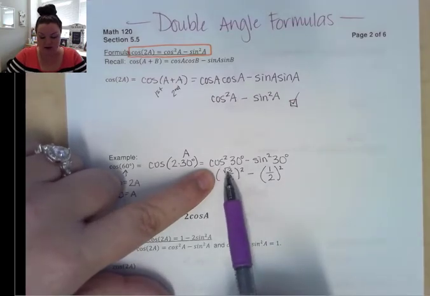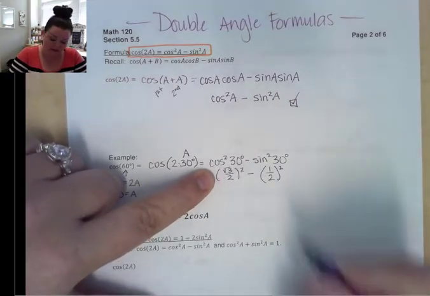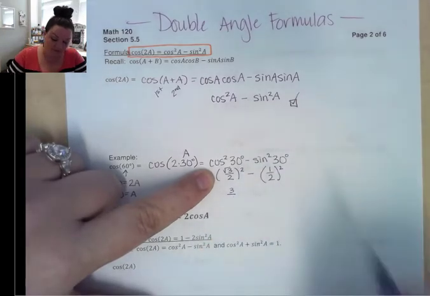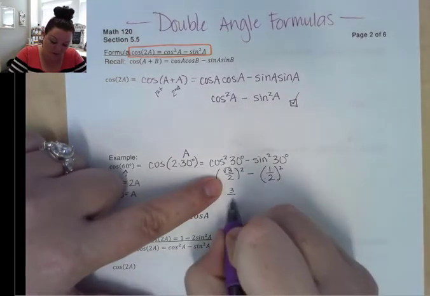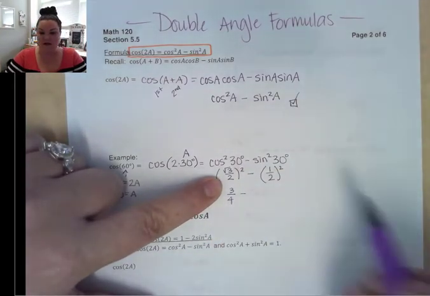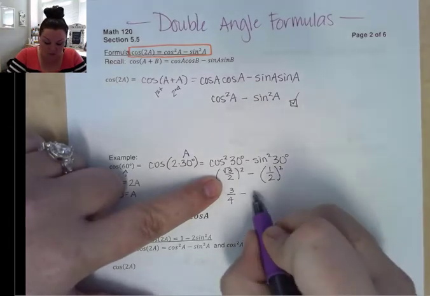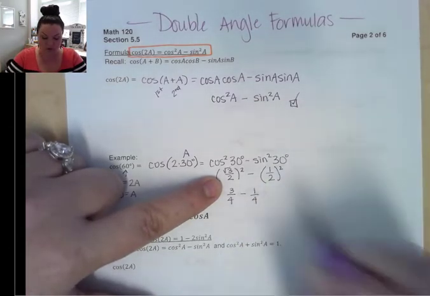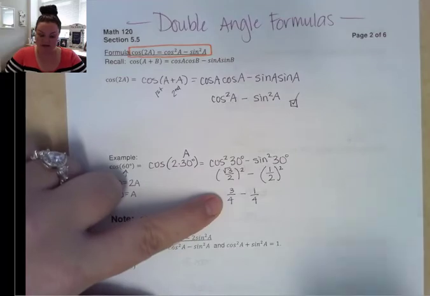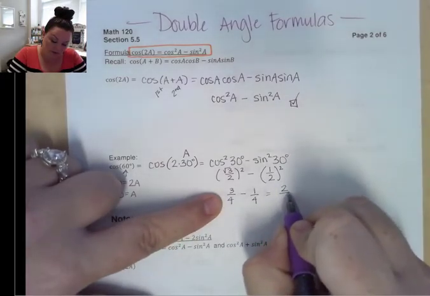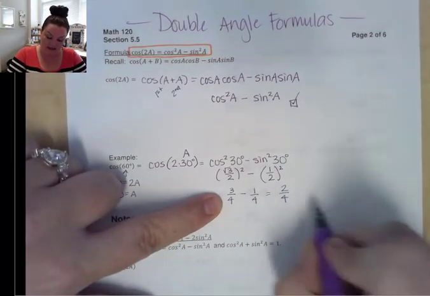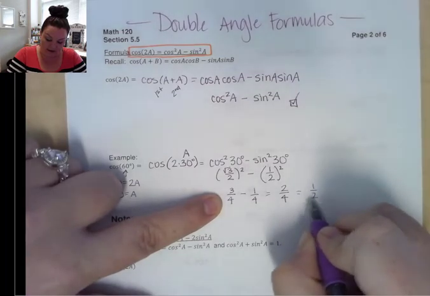On top, when I square the square root, that cancels, so I'm left with 3. On bottom, 2 squared is 4. Minus, over here, when I square the 1, I get 1, and when I square the 2, I get 4. So 3/4 minus 1/4 gives me 2/4, and that is 1/2.